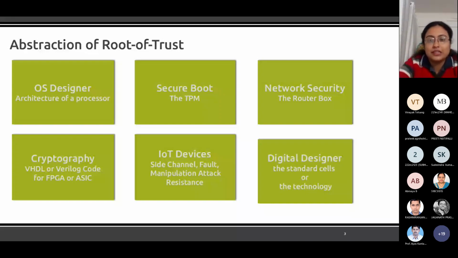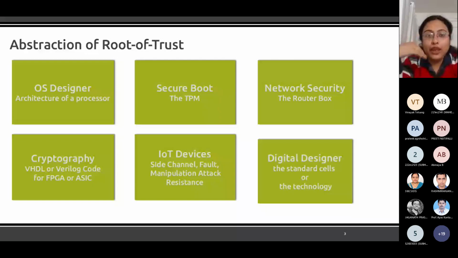So your processor is nothing but a digital plus analog system, right? So specifically for a digital designer, we implement all these logic gates like AND gate, OR gate, XOR gate using standard cell or technology. You may name it like CMOS technology.